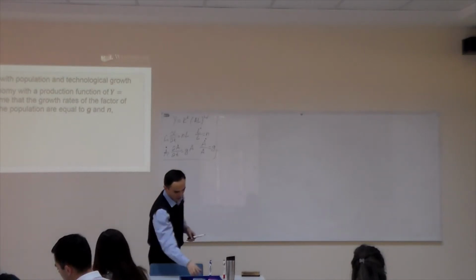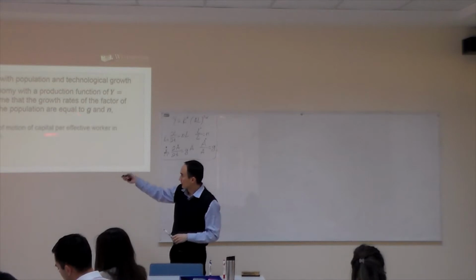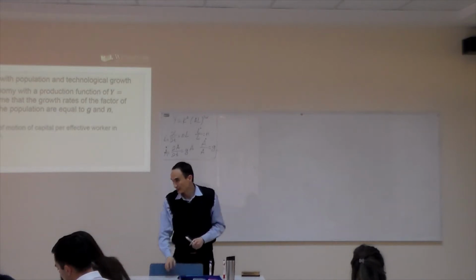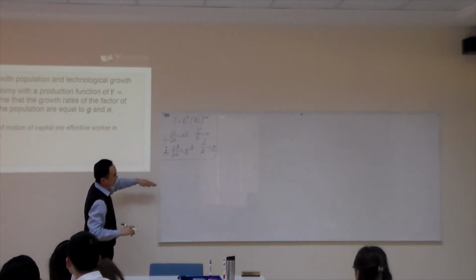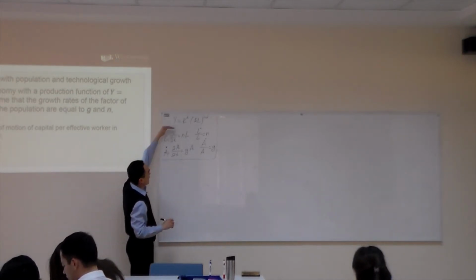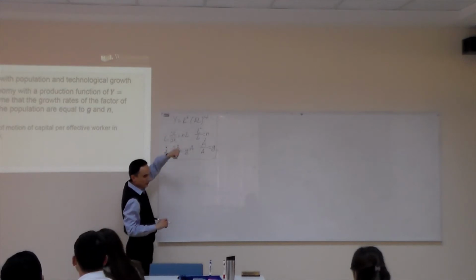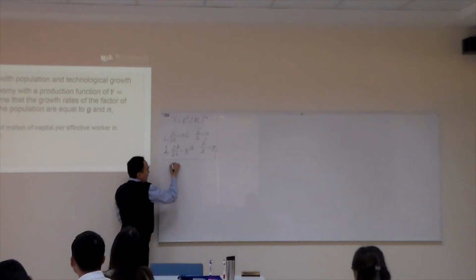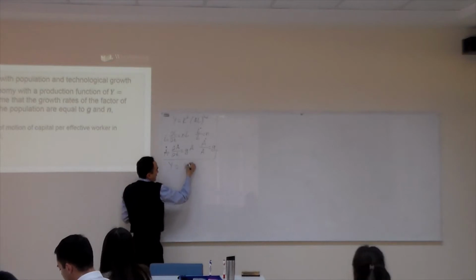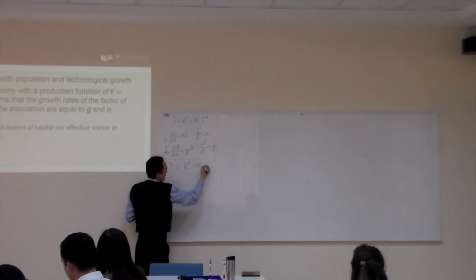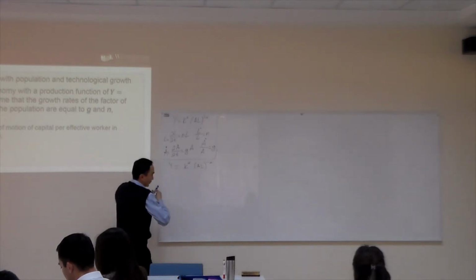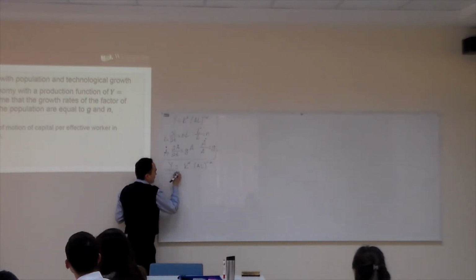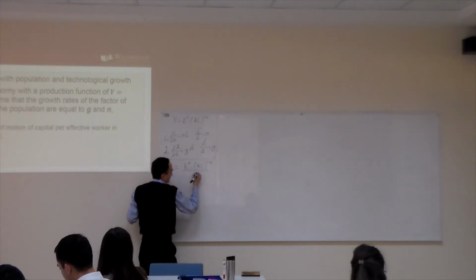Now we are going to derive the law of motion of capital per effective labor, okay, in continuous time. So before deriving, let's find out what our output per effective labor is equal to, right? So our output function is given as capital to the power of alpha times effective labor to the power of 1 minus alpha. In order to make it per effective labor, we have to divide both sides by effective labor, yes?